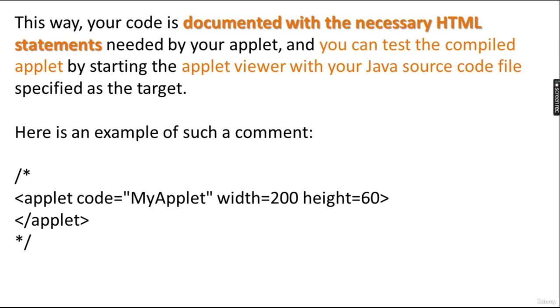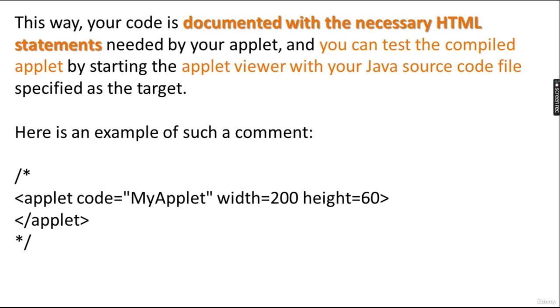Your code is documented with the necessary HTML statements needed by your applet, and you can test the compiled applet by starting the applet viewer with your Java source code file specified as the target.